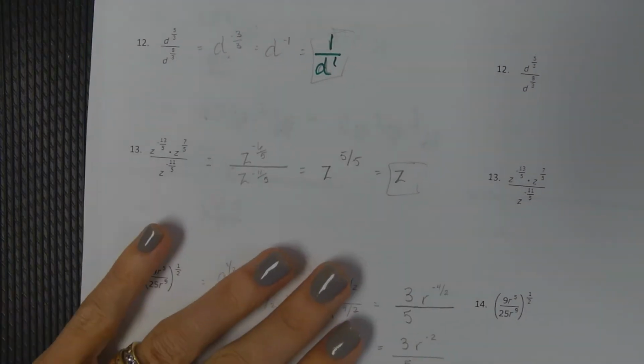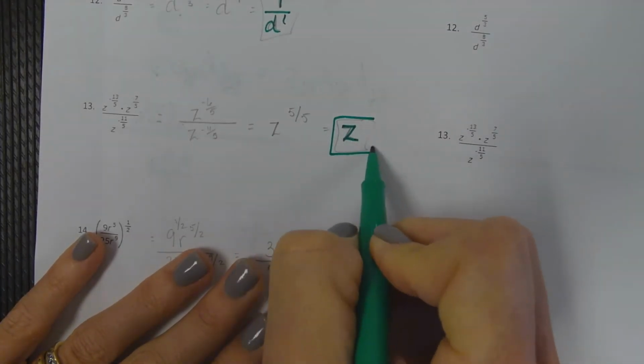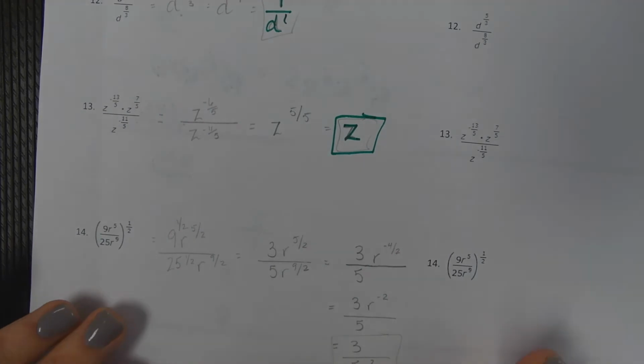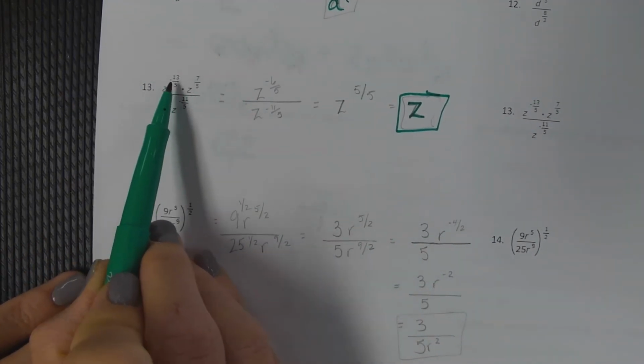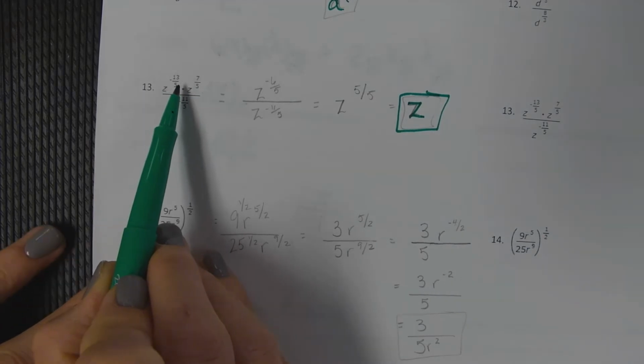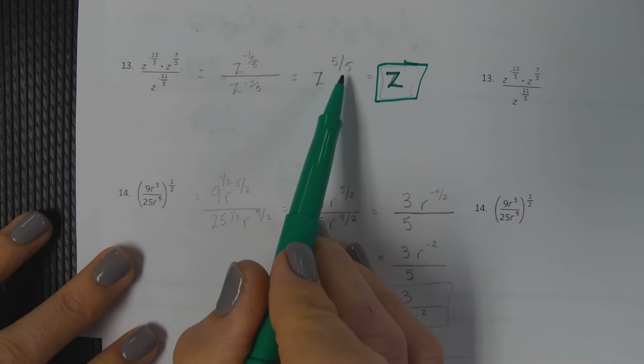All right, so for 13, we have z. First thing you want to do is add on the numerator, add these two exponents, and then you'll subtract. And you end up with 5 over 5.